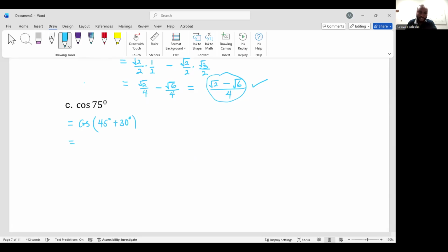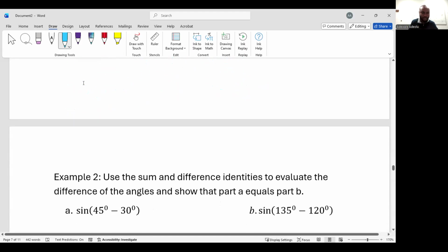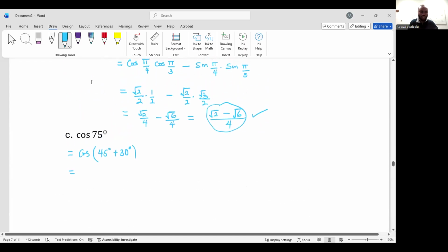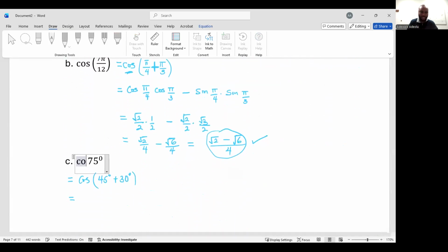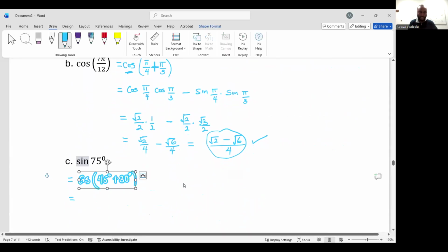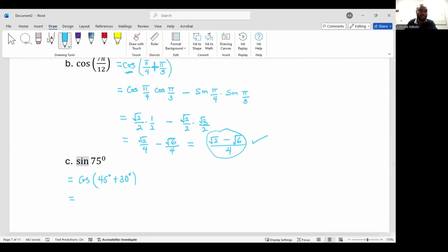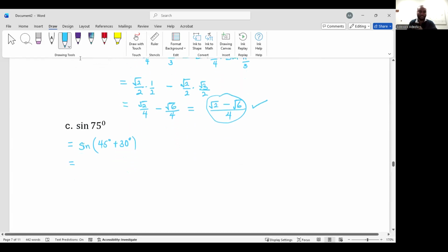So again, let me change this to sine, because I've not used sine since. Okay, sine of 45 degrees plus 30 degrees.